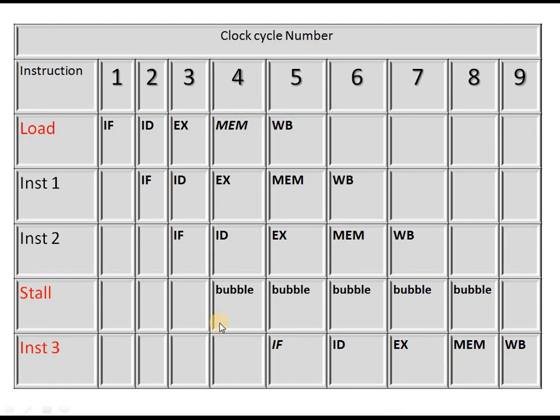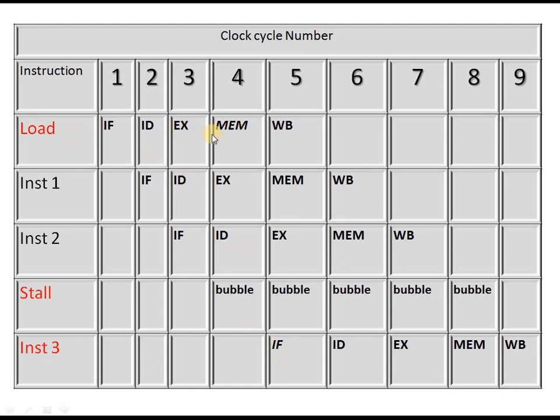Here, to simplify the picture, we are putting stars, like a bubble, over here. That means we are trying to freeze these instructions for one cycle. Then in the next cycle, cycle number 5, instruction 3 starts.